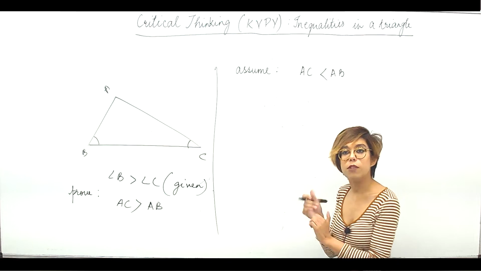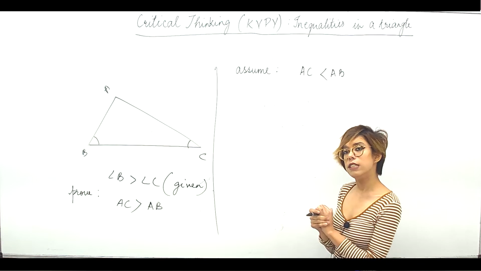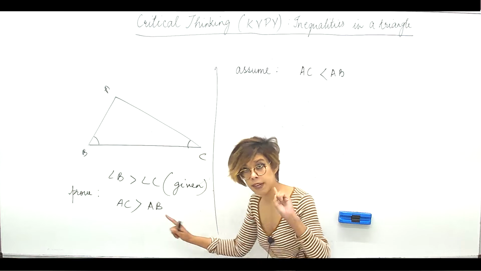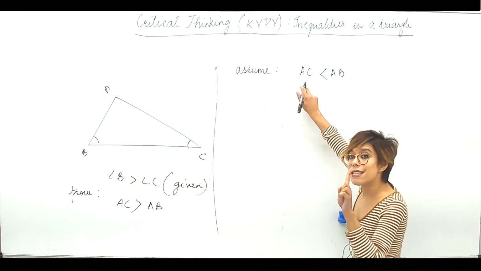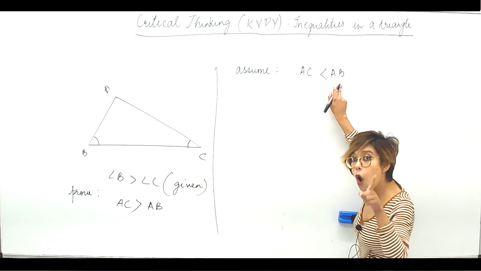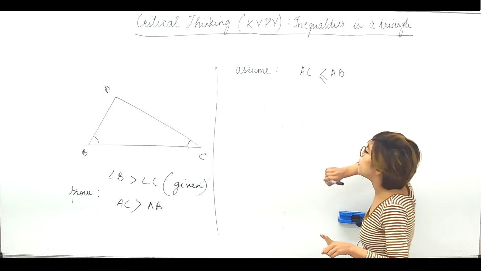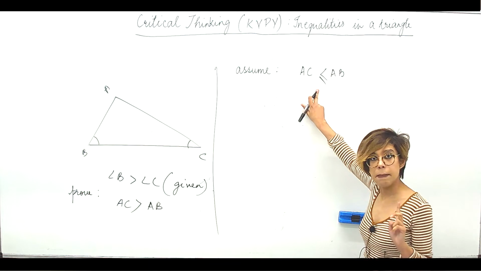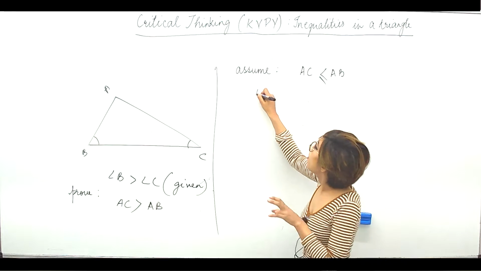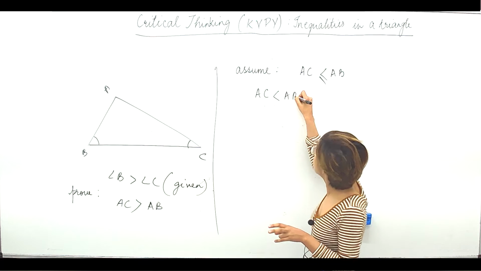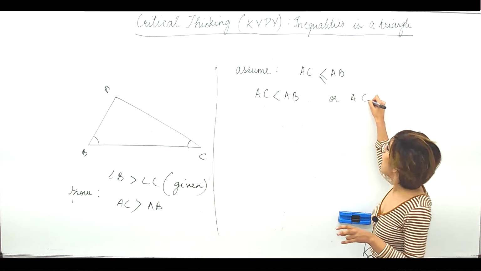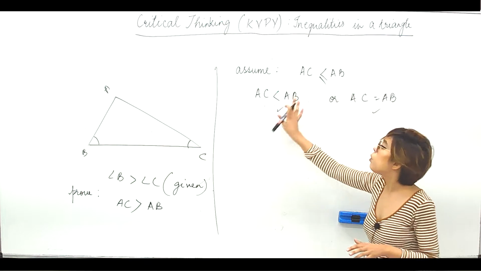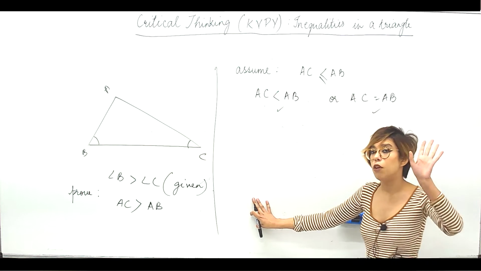Check once. The opposite of AC greater than AB is AC less than AB or AC equal to AB. Be careful, the contrary will be this. So two cases are involved: AC less than AB or AC equal to AB. In both of these cases, if I'm able to arrive at a contradiction, my problem will be solved.